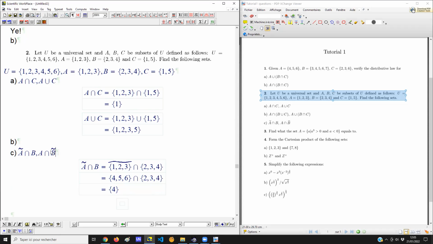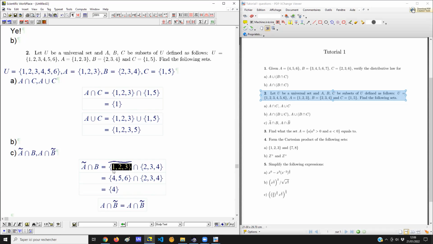And then let's go with the second one. I'll give you some time to think about it. Mr. Philip says 1, so let's check this out.